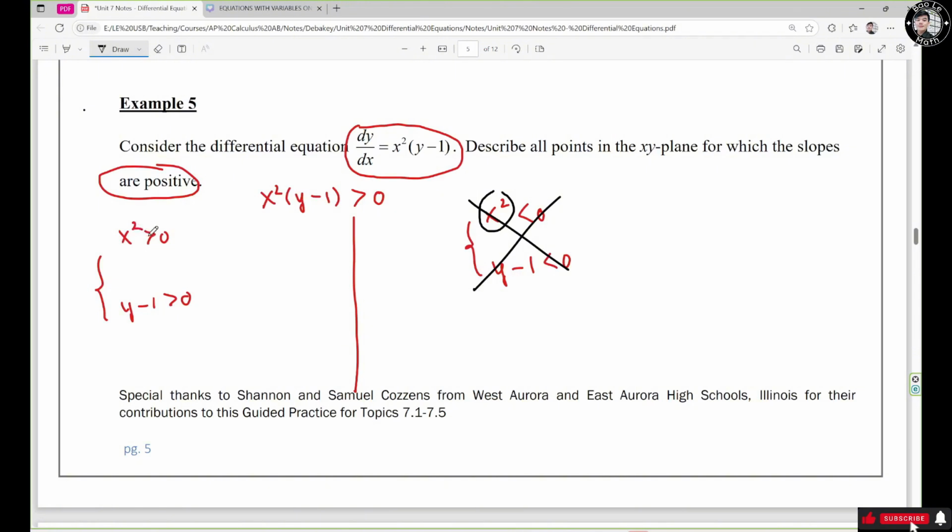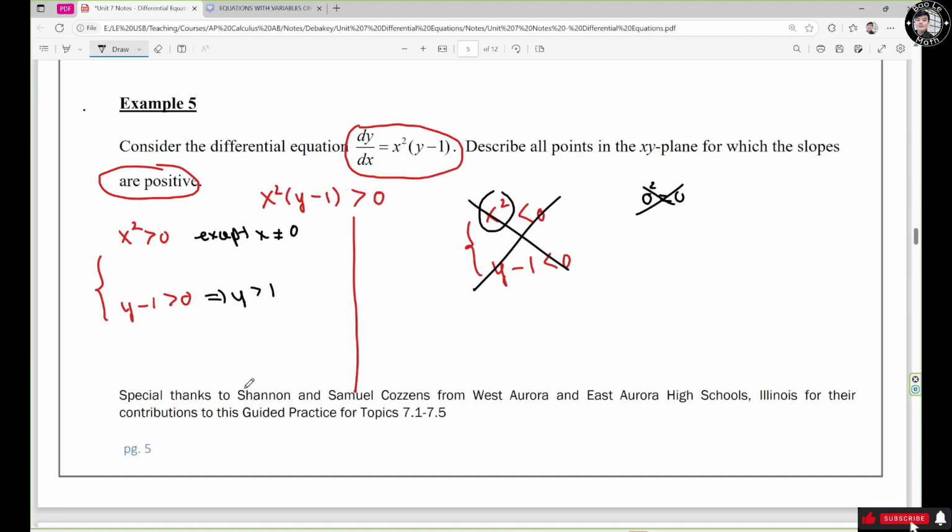x squared is always greater than 0 except at x equals 0, so you need to write right here x not equal to 0, because when x equals 0, the square could be 0, so this one is not a solution. Now to solve this one, you need to add 1 to both sides, so you have y greater than 1.